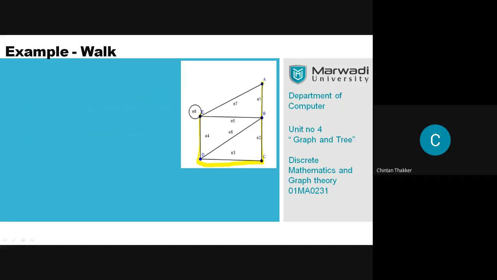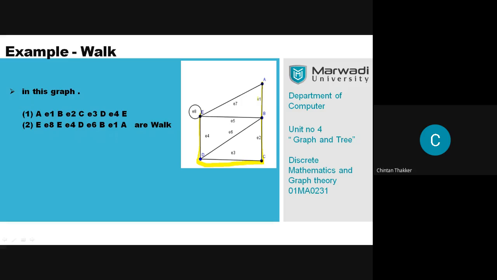First we start with a vertex, then an edge, then again a vertex, then an edge, and so on, ending with a vertex. Here we have taken every edge only one time, so this is called a walk.